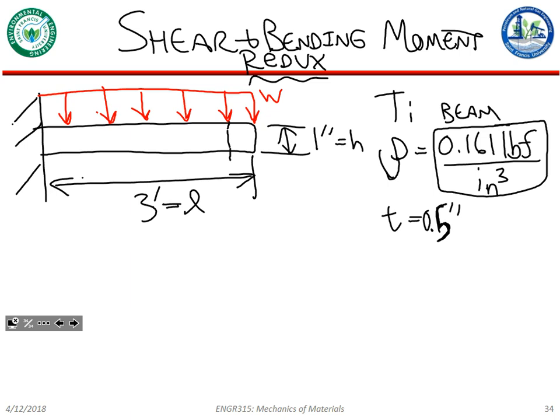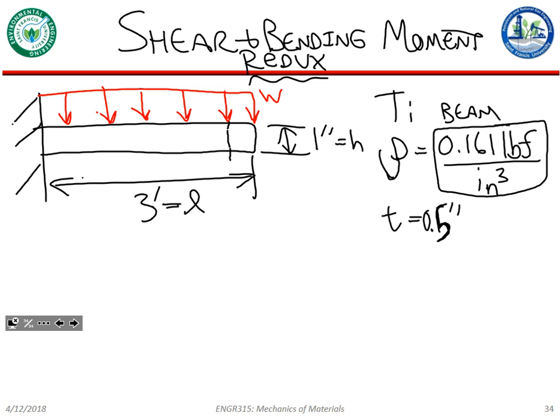So if I wanted to find out how much this entire beam would weigh, what would I do to this number? If I want to find out how much the entire beam would weigh. Right, so I multiplied by length, width, and depth, right?